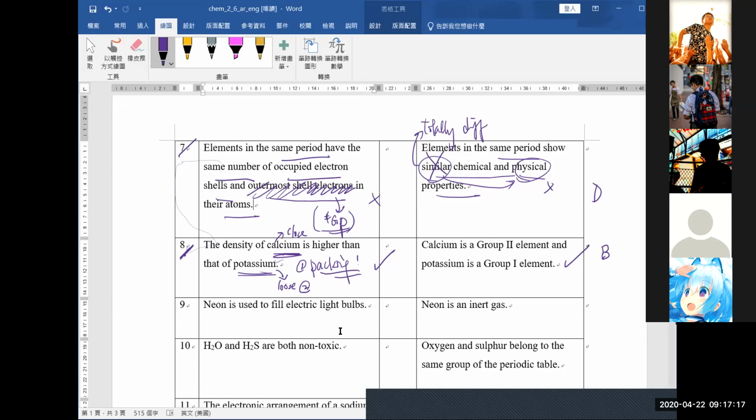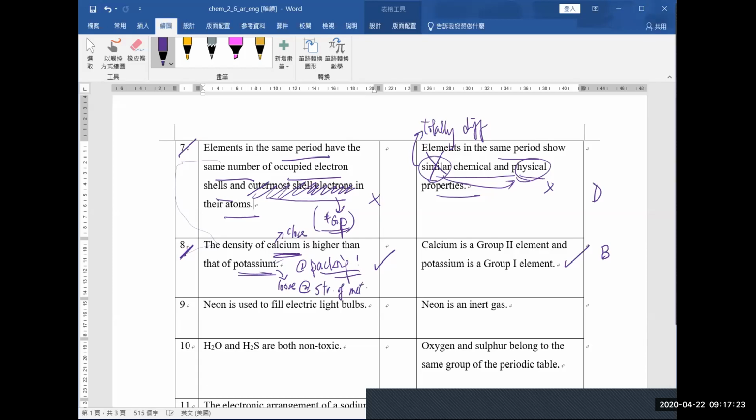Yes, that's right. The strength of metallic bond is different. So how different? What's the difference between calcium and potassium?